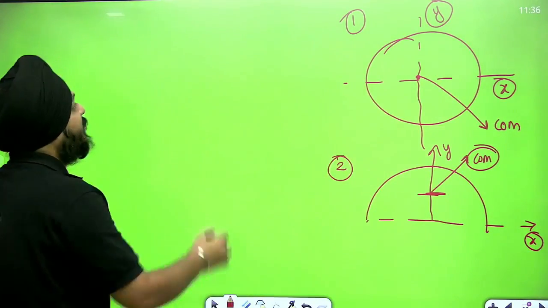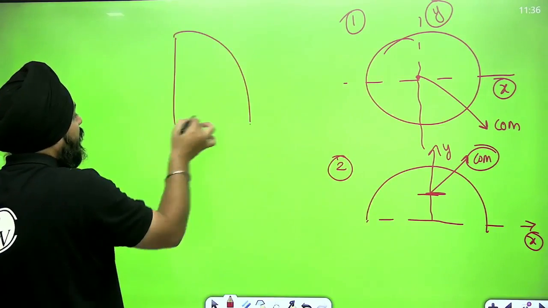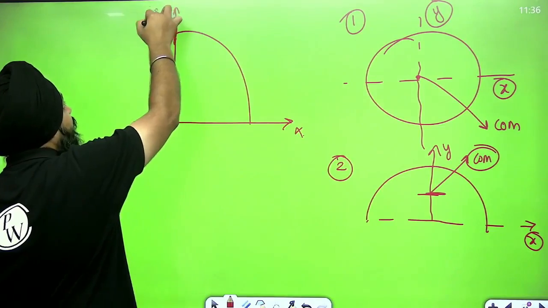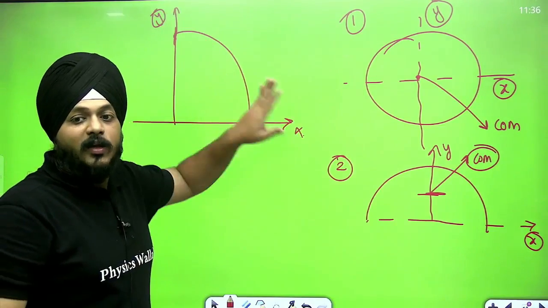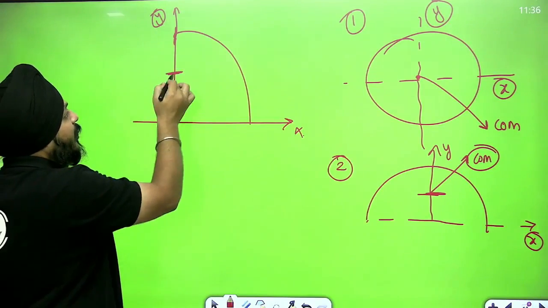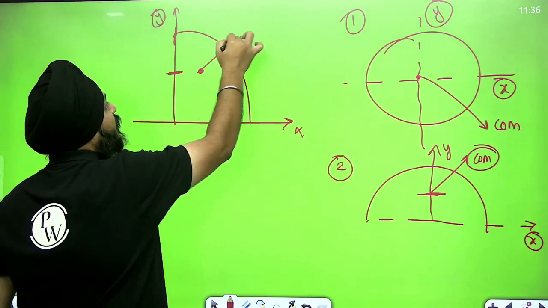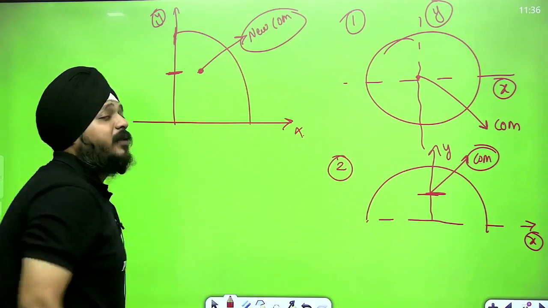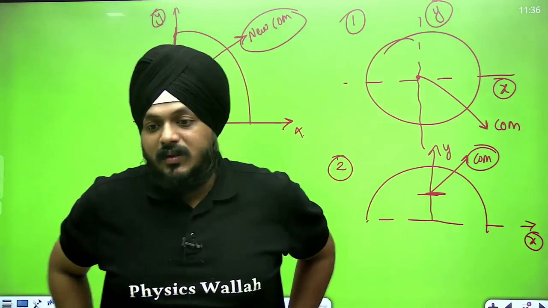Quarter part of the disk. Neither is a mirror image formed with respect to the x-axis, nor with respect to the y-axis. So this was the previous center of mass, and now this is going to be the new center of mass. It will shift along the x-axis also, and with respect to the y-axis also.